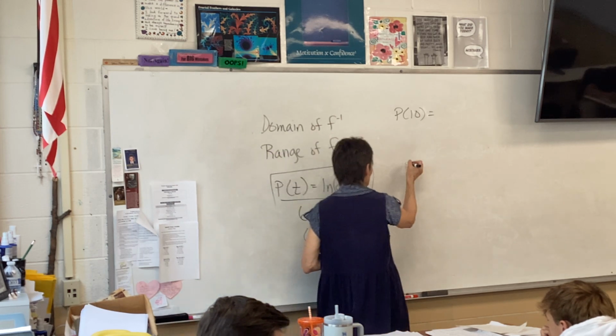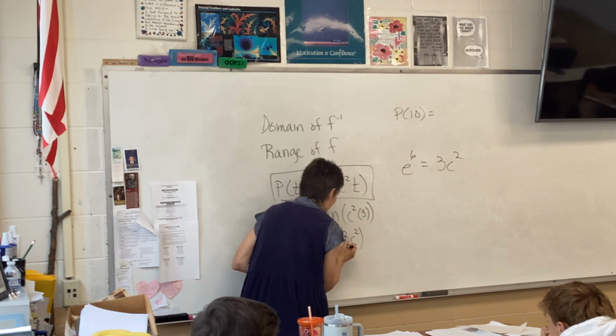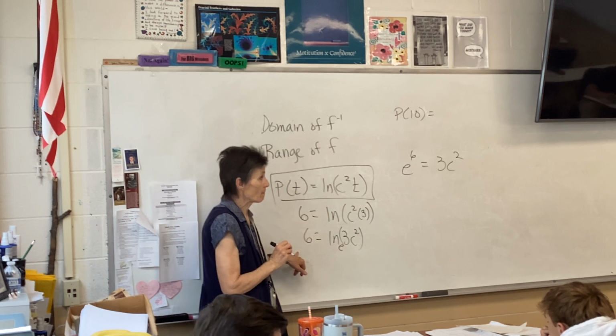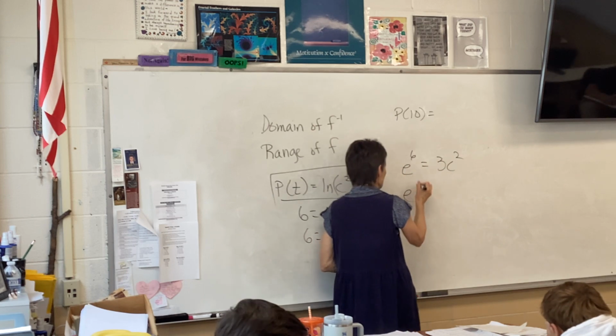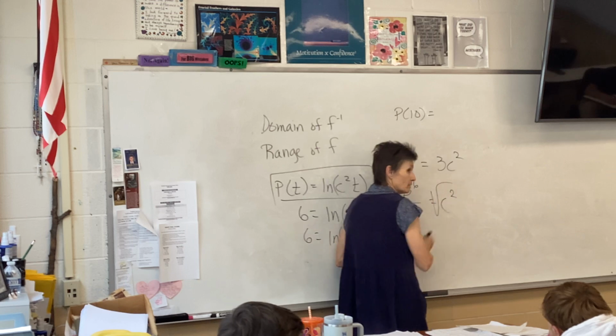So we could do e to the 6th equals 3c squared. Remember, the base on that's e. So we can log roll it. And then divide by 3. And then square root.